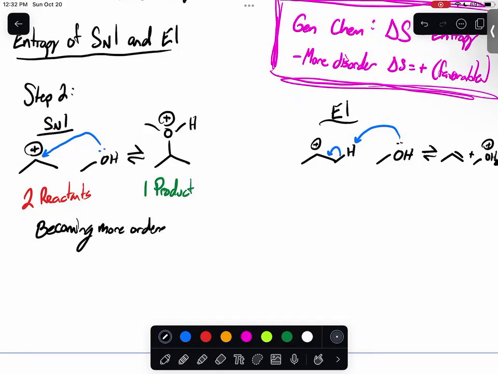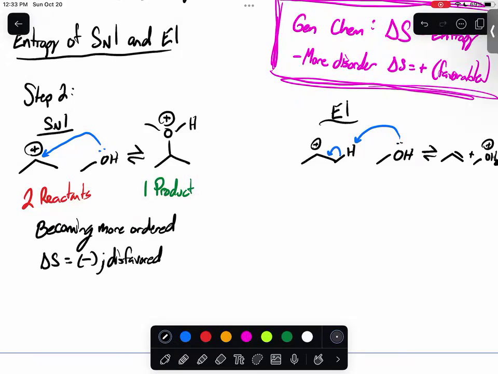Because if we're going from two to one, that is more order, less chaos. So what that means is that our delta S for this specific step is negative. And if delta S is negative, remember it's the opposite of favorable, it is disfavored. So entropically, this SN1 step is not favorable.